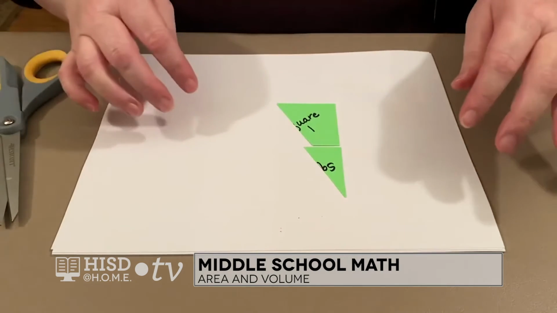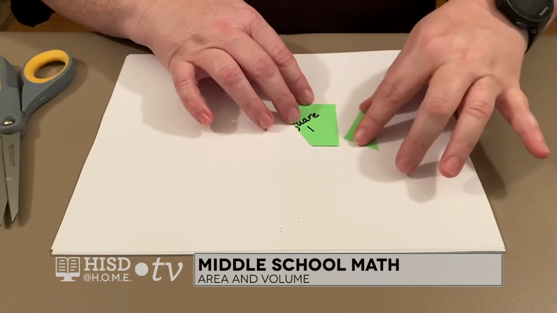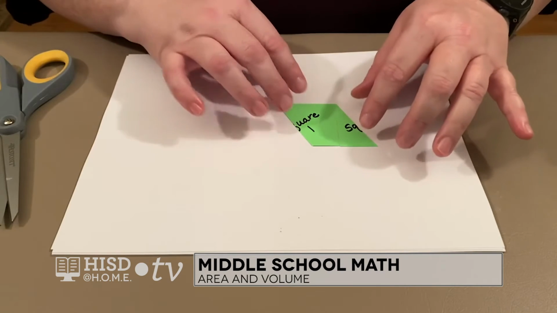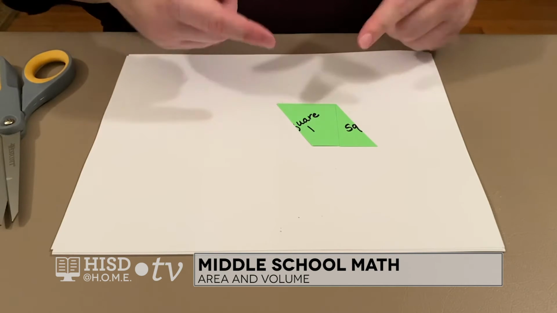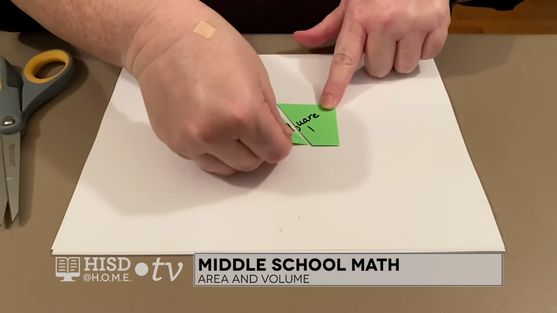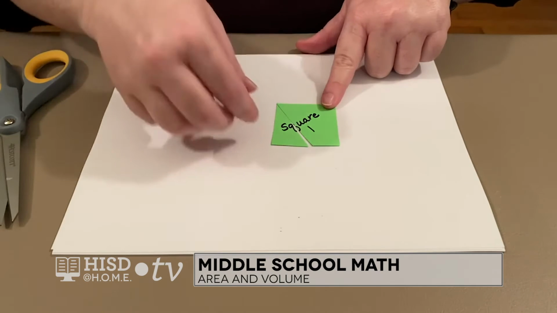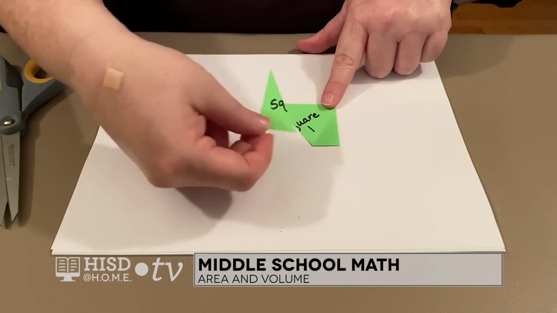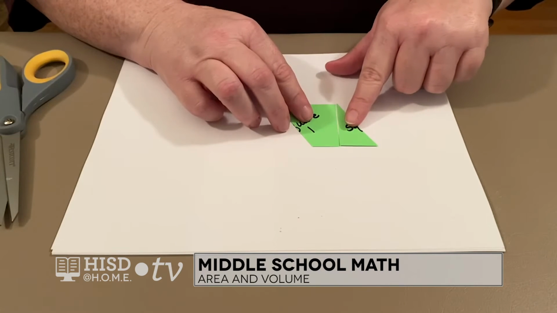That doesn't work. I'm going to try. Oh my goodness, that works. That's a parallelogram. So I started out with a square. Remember, I cut from one vertex to the other side, and then I shifted this little piece around until it made a parallelogram.